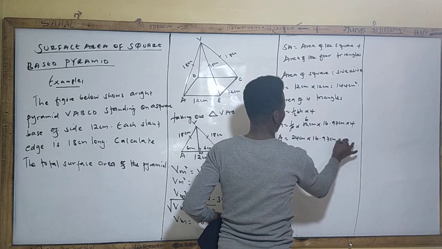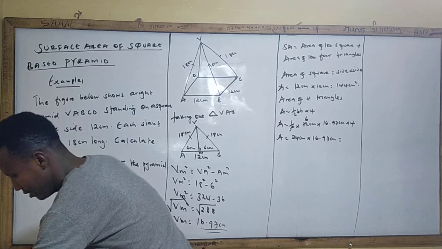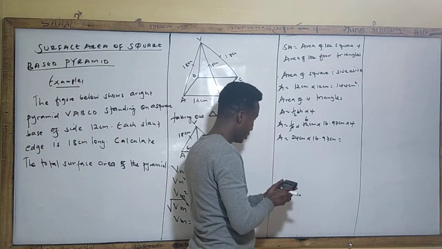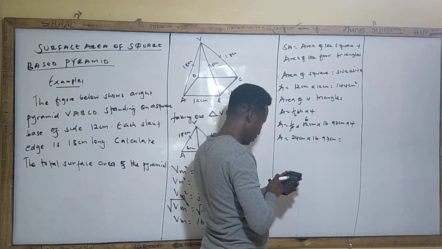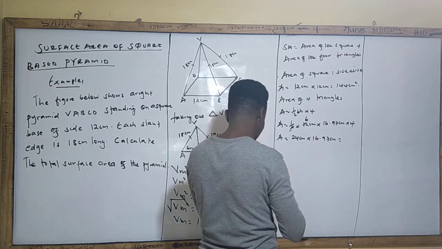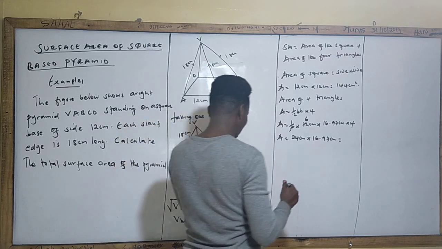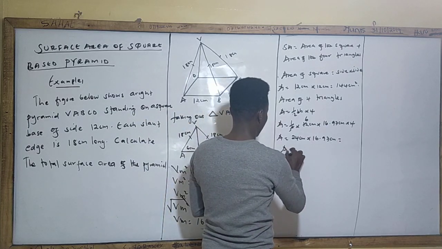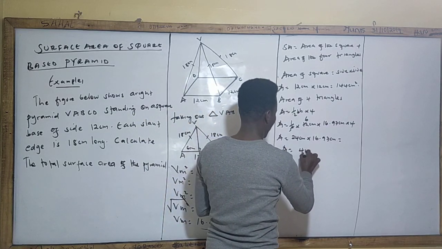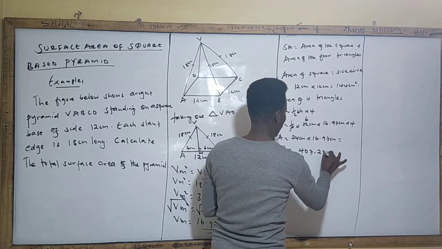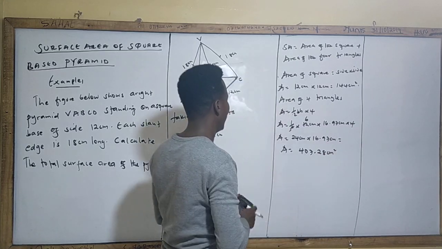16.97 centimeter. So get your calculator. It will be how much? 24 times 16.97. So this will give me area is equal to 407.28 centimeters squared.